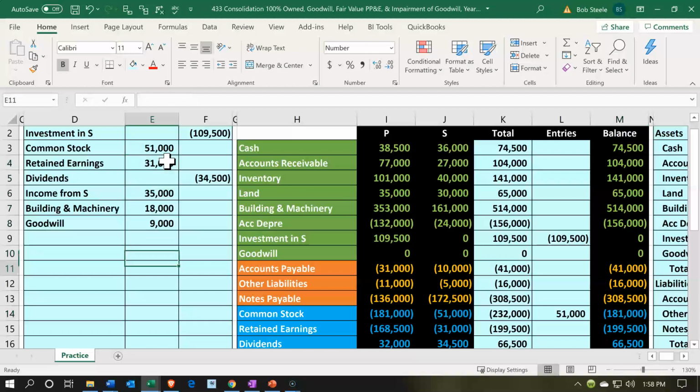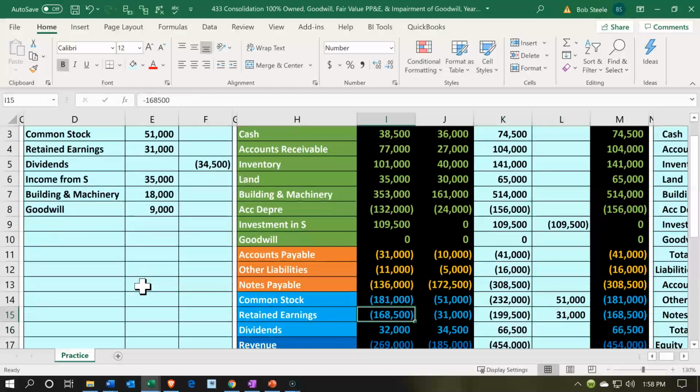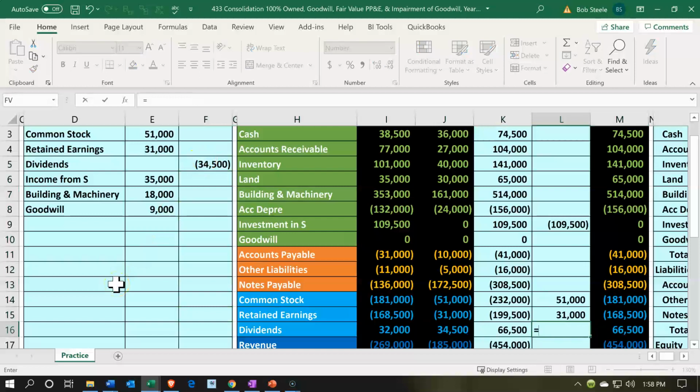Retained earnings, same thing. Going back down, we're going to record the retained earnings equals, putting in that 31. And there we have it. Here is P's, here's S, there's the total, minus S brings us back to P. Then we'll do the dividends, same kind of process. That equals, and we go up to the 34.5 up top.